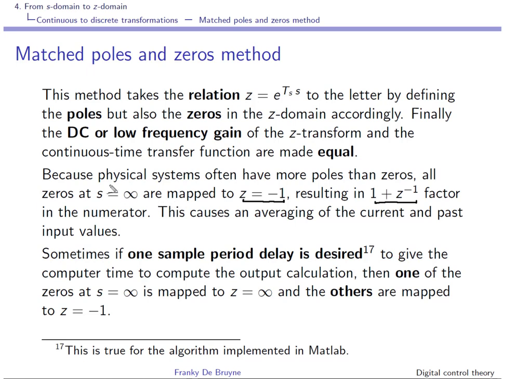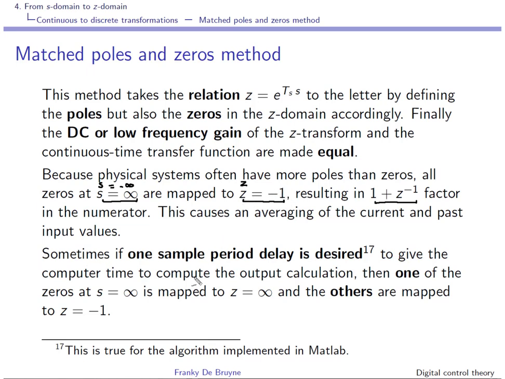Another alternative would have been to see these zeros at minus infinity and to replace them by zeros at the origin. But most often in this method, it's this alternative that is chosen. So the zeros at infinity are replaced by a zero at minus 1.